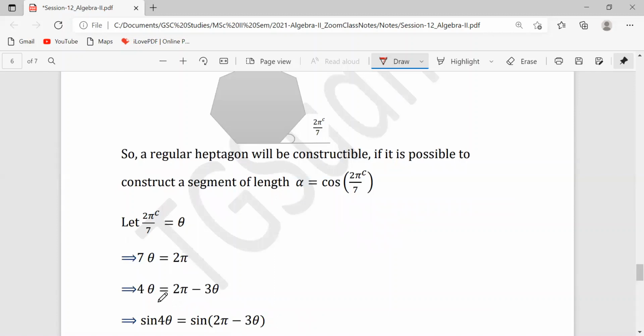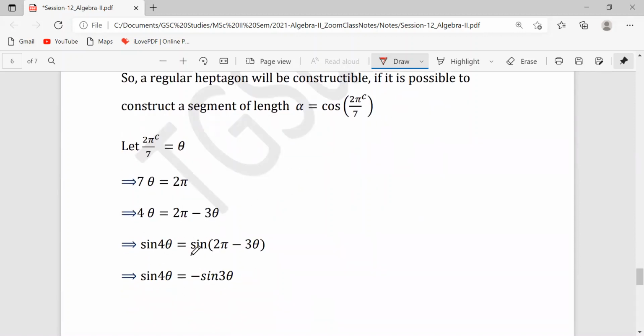So let us split that as 4 theta and 3 theta and apply sine on both sides. You get sine 4 theta equal to sine of 2 pi minus 3 theta. 2 pi is 360 degrees. Sine of 360 minus theta will be in the 4th quadrant and sine is negative there, so you get minus sine 3 theta.